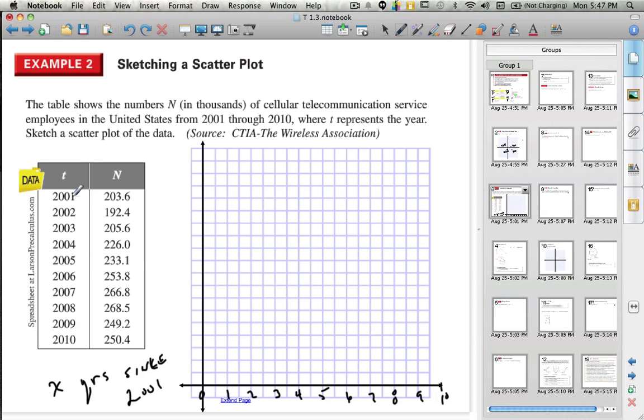But you'll see we're only going 0, 1, 2, 3, 4, 5, 6, 7, 8, 9. We're only going to go to 9.